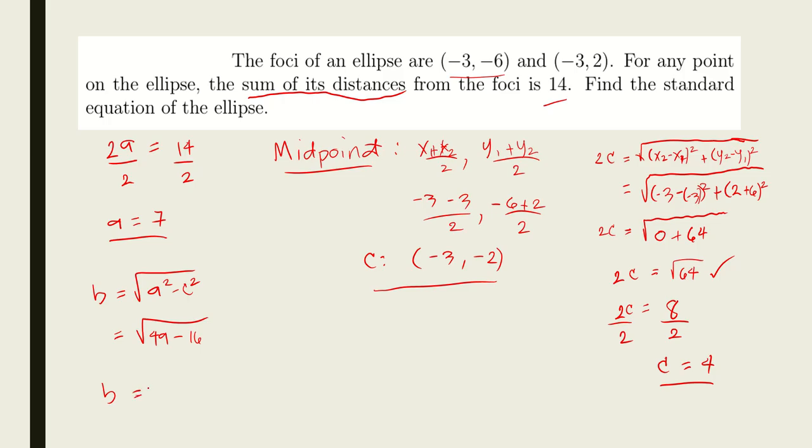B is equal to the square root of 33. So in writing, we are to solve here the standard equation. We have the A, we have the B, and A squared, I'll write comma, A squared is equal to 49, and B squared is equal to 33. We just cancel out the square root there to get the b squared.